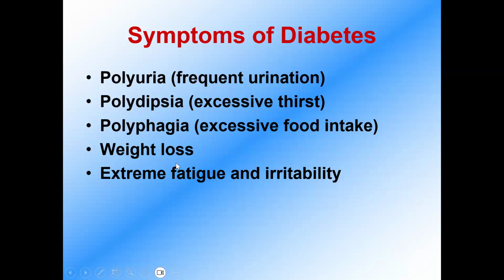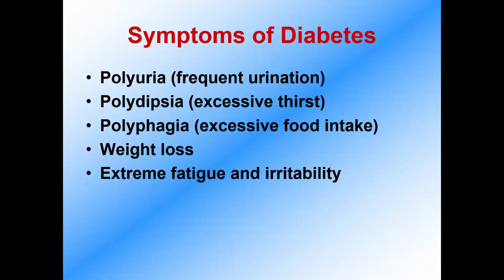Then they will have the complaint of weight loss, because they are having a deficiency of insulin. Insulin is the anabolic hormone, and it builds up the stores of glycogen, fats, and proteins. But when insulin is not there, glucagon becomes dominant, and glucagon is a catabolic hormone.